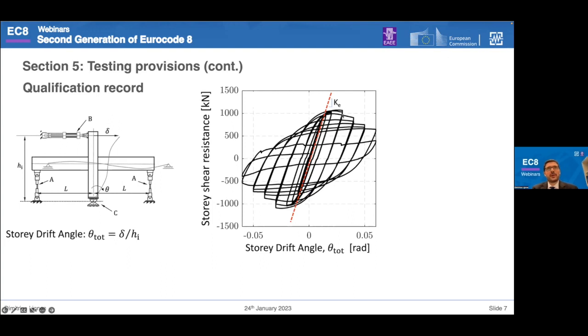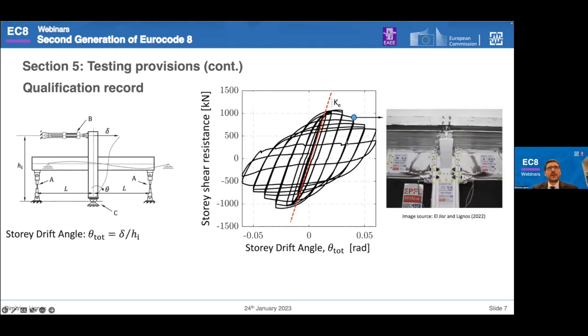once the peak resistance is reached, what is also important is that at the discrete deformation limits of interest to the part 1-2 that we saw for DC2 and DC3, some basic information regarding anticipated behavior in dissipative zones should be documented.